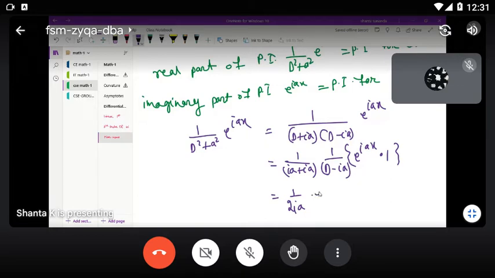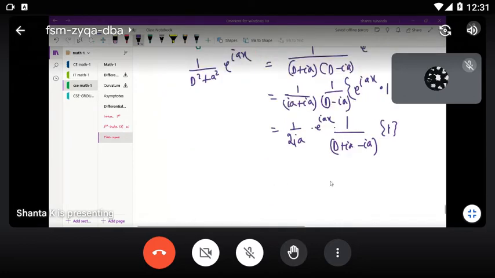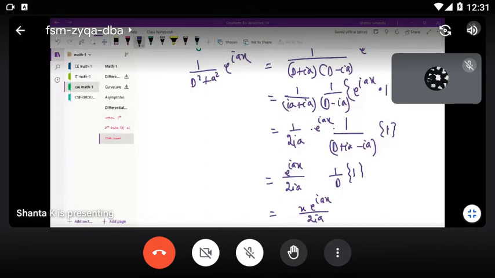So in that place what happens? e power i ax, and here d plus ia: d will be replaced by d plus ia, and this one will be there. So this ia gets cancelled, and we have e power i ax by 2ia, with 1 by d. The inverse of the differential operator is the integral, so we get x e power i ax by 2ia.